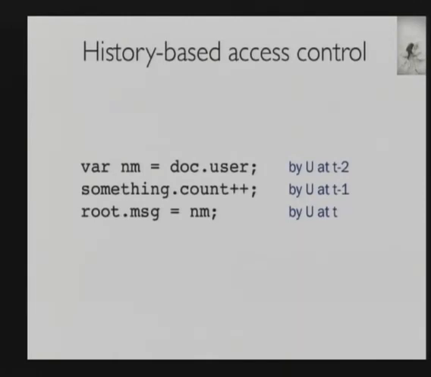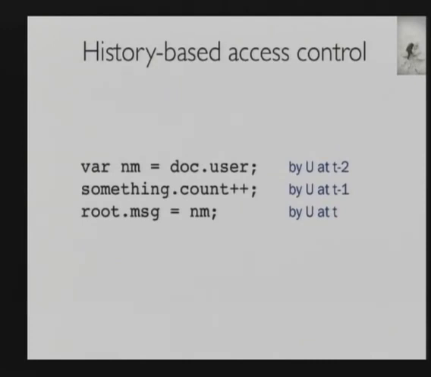Now, given this context, what you're doing is leaking the user field that you got from the document into the global object, and this means at a later time you could send this outside to another server, and thus leak the identity of the user or some specific information.